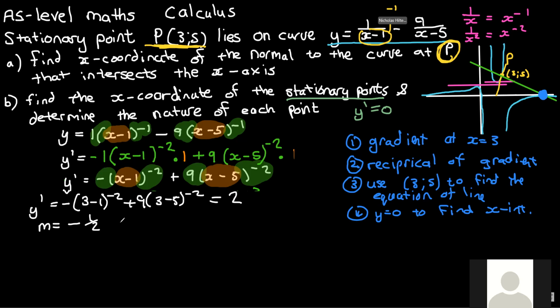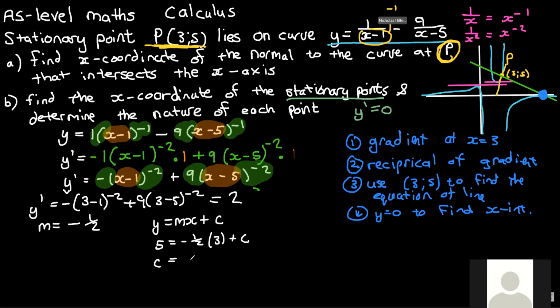And so now we simply sub in the negative a half and the 3 and the 5 to get what our c is, because remember the general form of a straight line is y equals mx plus c. Your y is 5, your m is negative a half, and your x is 3, plus c.